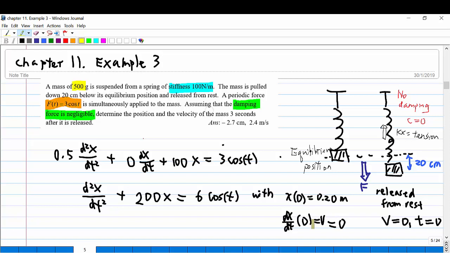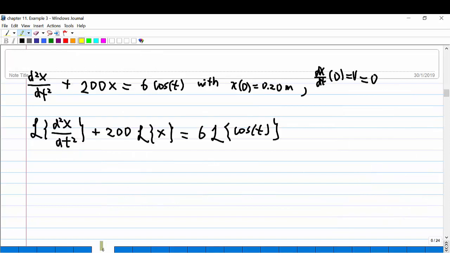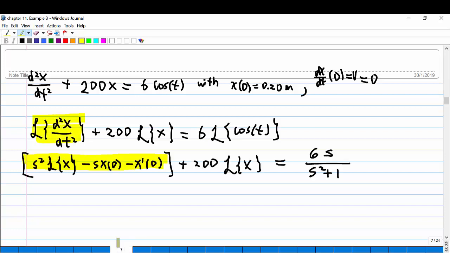So taking the Laplace transform of both sides of the equation, we have the Laplace transform of d2x/dt squared plus 200 times the Laplace transform of x equal to 6 times the Laplace transform of cosine t. Apply the formula card on page 4.